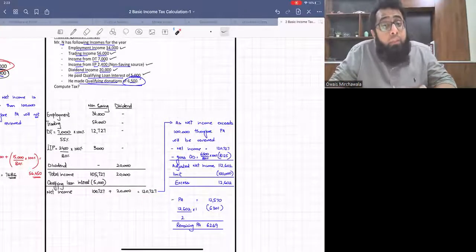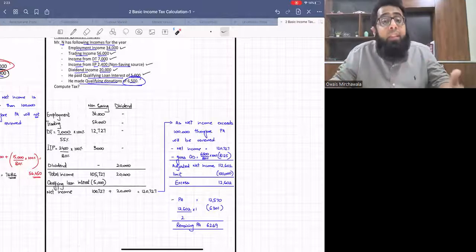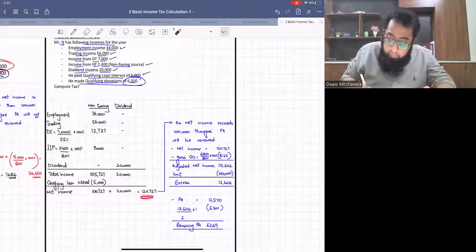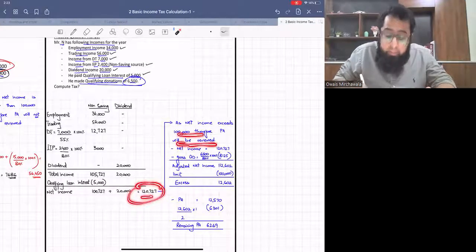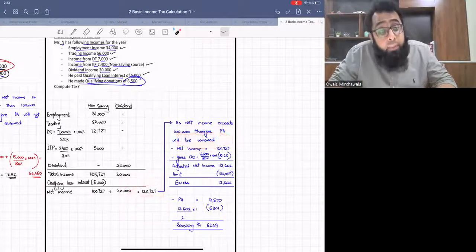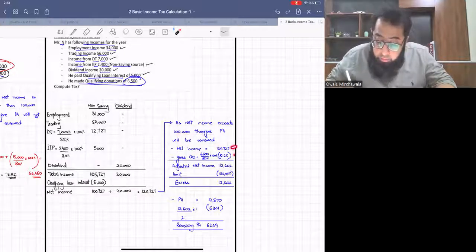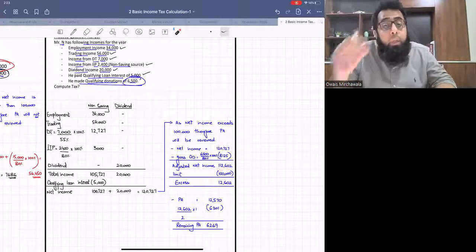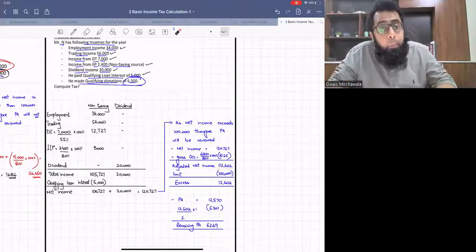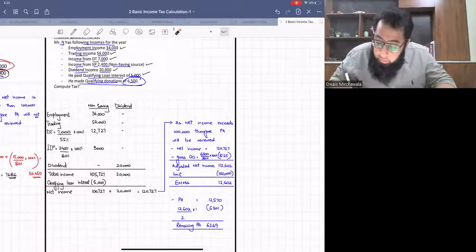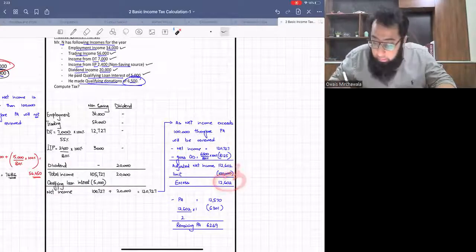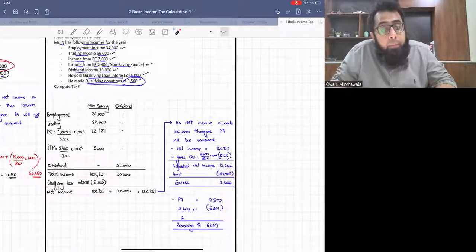It is not only non-saving, it includes non-saving, saving, dividend, everything. Now, this exceeds 100,000, so the allowance will be reviewed. Okay, 120,727 minus 8,125. The adjusted net income is 112,602. We compared it with the limit, we got the excess, and we diminished the allowance.